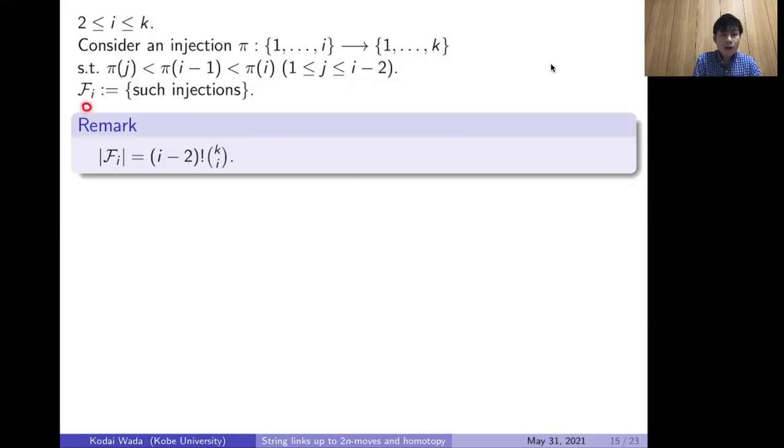We denote by F_i the set of such injections pi. We remark that the cardinality of this set F_i is equal to the factorial (i minus 2) times the binomial coefficient k choose i.